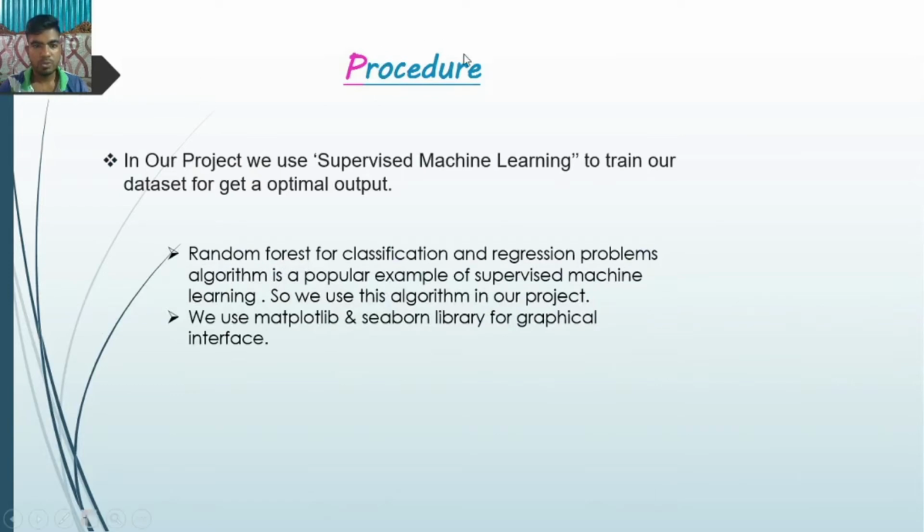First one is procedure. In our project, we use supervised machine learning to train our dataset to get an optimal solution, and we also used the random forest classification and regression algorithm, which is very helpful to train our dataset and give our output.